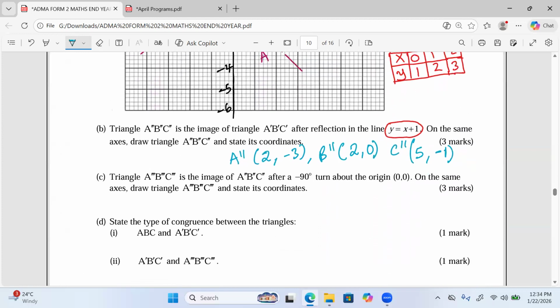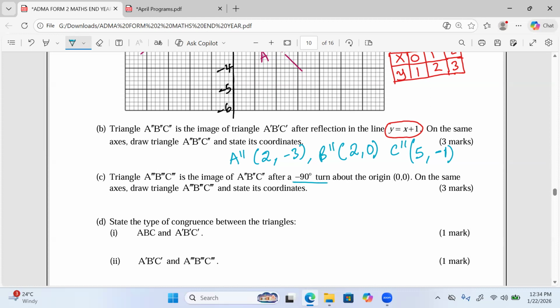Part C says triangle A triple prime, B triple prime, and C triple prime is the image of A double prime, B double prime, C double prime after a -90 turn about the origin. That is coordinate 0, 0.